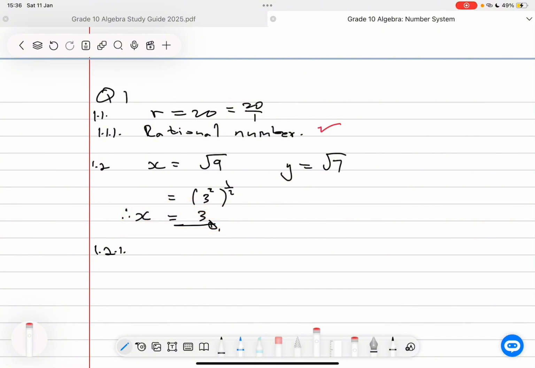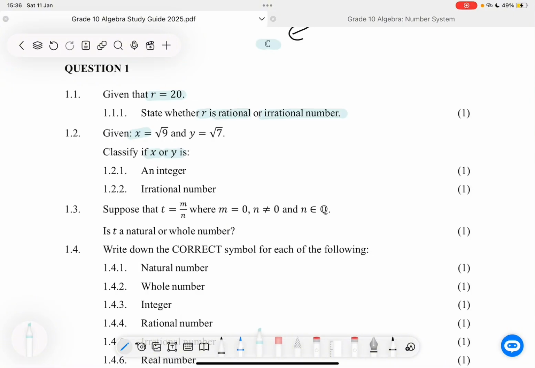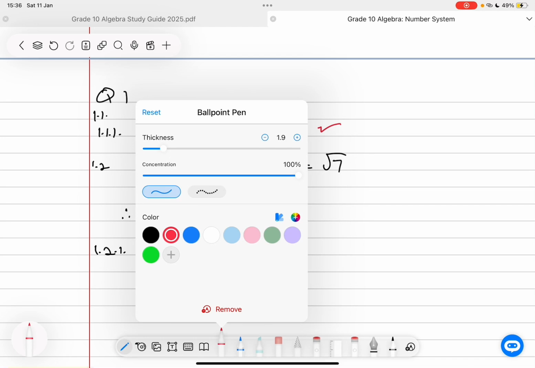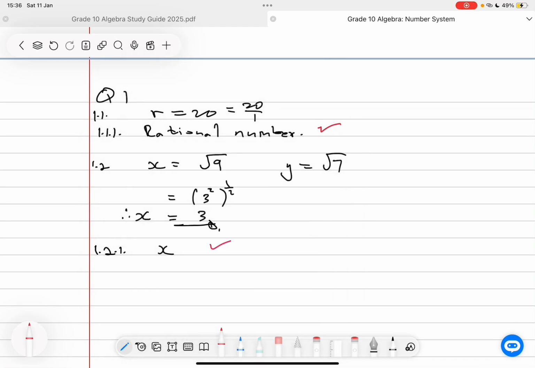Remember in lesson 1, we were writing them in set form within the curly brackets, right? So the answer for this one here would be x, because x is an integer, right? This is for 1 mark. Just for writing that, you will get 1 mark.